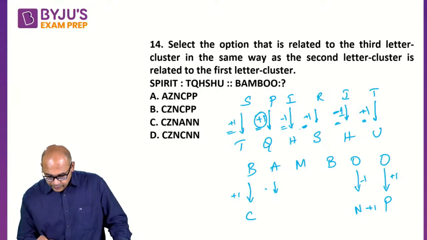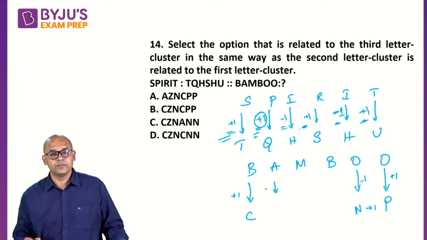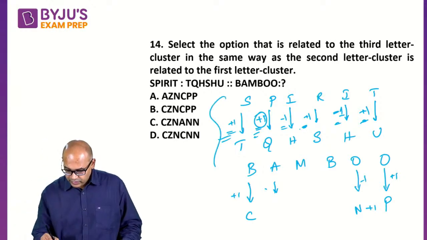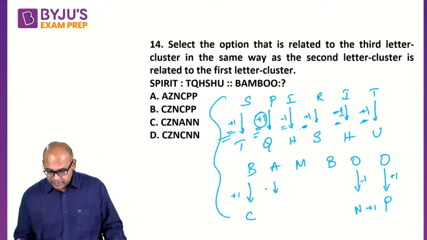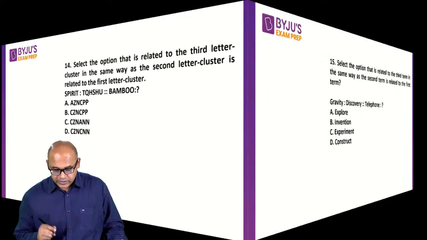There seems to be something inconsistent here because it should be alternately plus and minus 1. I think there's something wrong in this question. So let's leave this, move on to the last question.